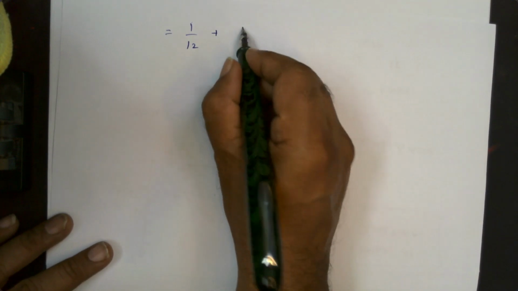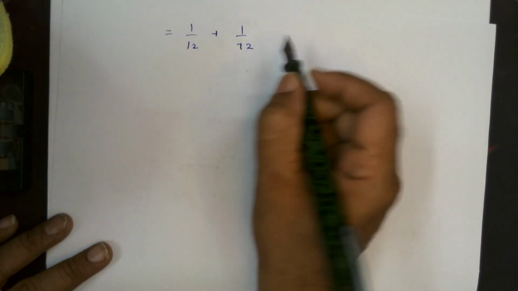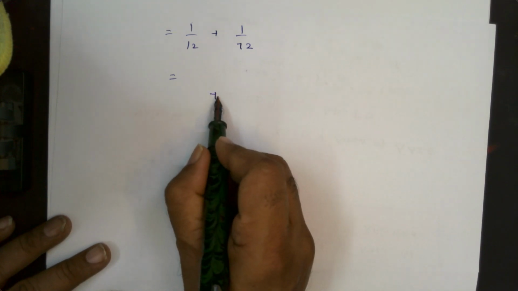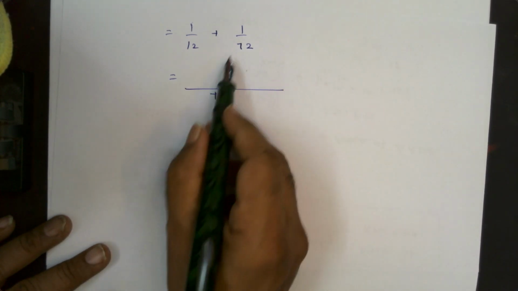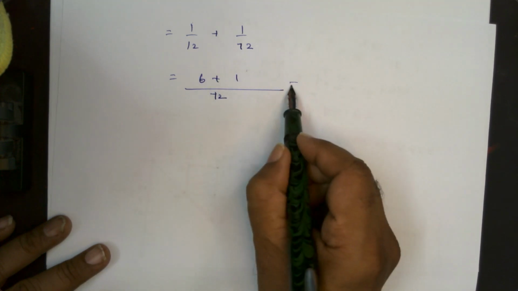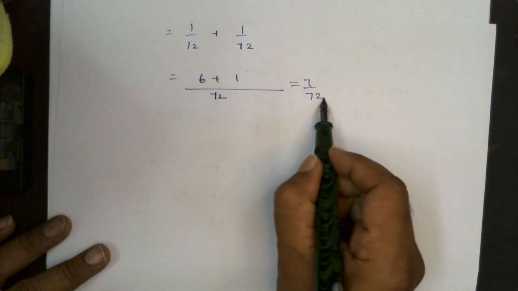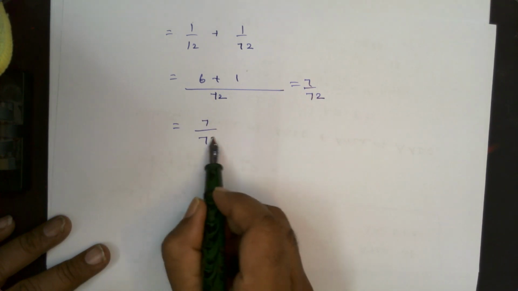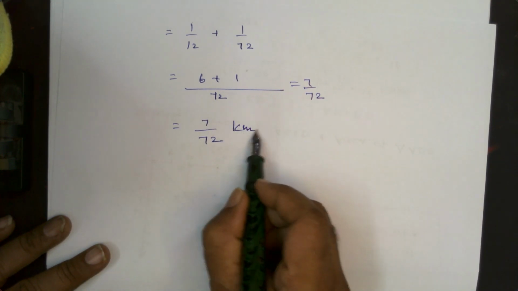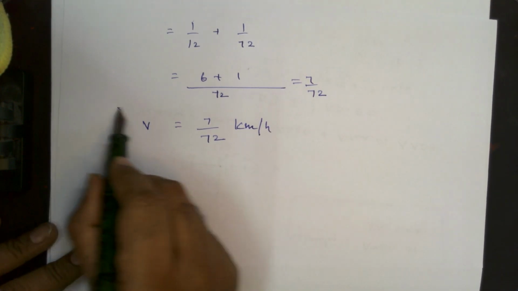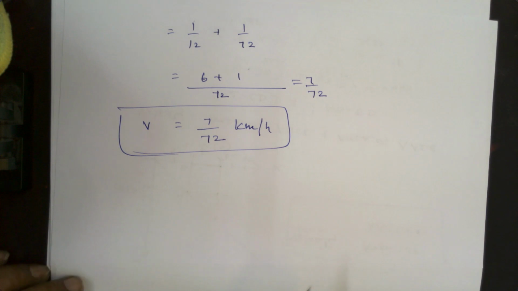So 1 by 72. Okay. Now what is the LCM? 72. So here how many times? 6 times. This one 1. So 7 by 72 kilometer per hour is the what? The velocity.